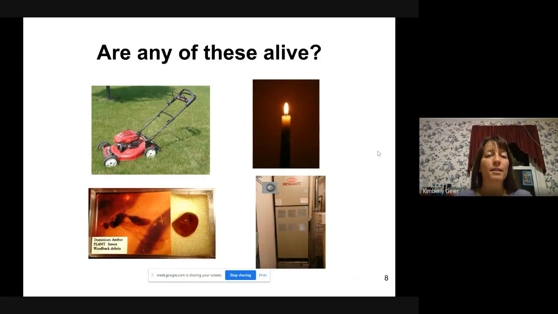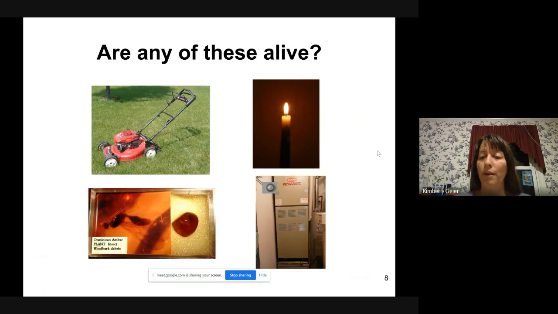So, based on your ideas, are any of these things alive? We've got a lawnmower and a candle and a dead bug in amber and some sort of furnace or HVAC equipment. I don't quite know what you wrote down for your characteristics of life, but maybe you wrote things like movement or uses energy. The lawnmower moves.